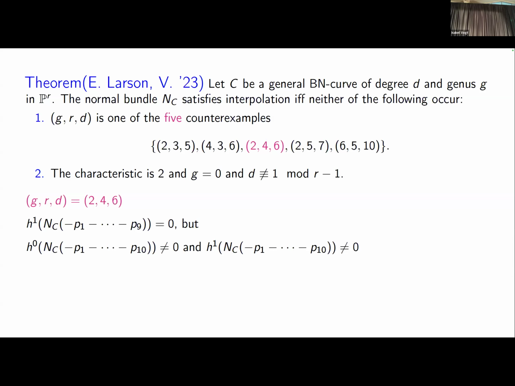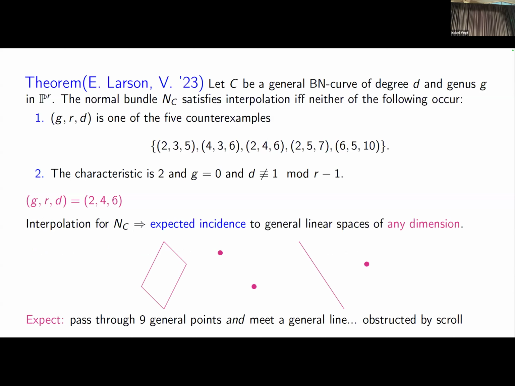And so, in fact, the geometric incarnation of this cohomological fact is that interpolation for the normal bundle implies something much stronger in geometry. It implies expected incidences to linear spaces of any dimensions. So, I'm looking for a curve that meets this 2-plane, passes through these points, and meets this line, something like that. And the codimension that you expect depends on the dimensions of these linear spaces. And so in that way, you can fix this non-integrality property.